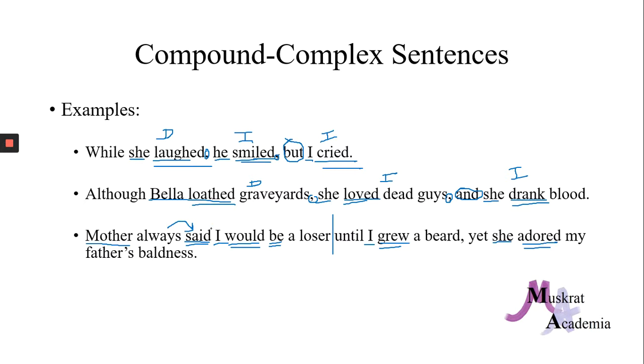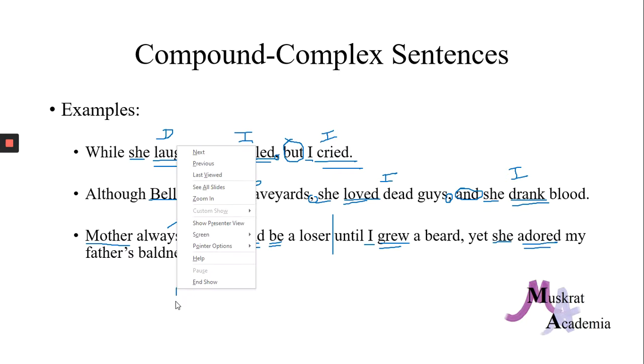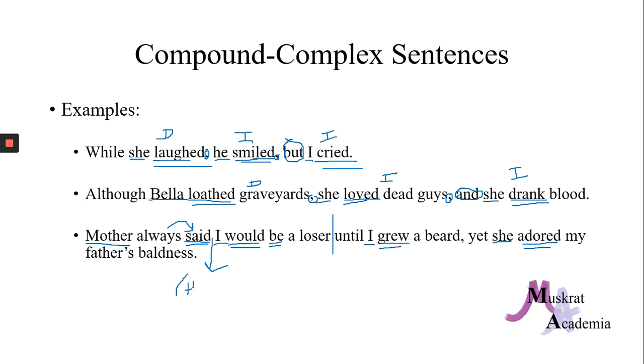Mother always said. Now, this is a bit of a difficult sentence because there's an implied that: Mother always said that I would be a loser. Even though that is not there, it's implied. So, Mother always said is an independent clause. That I would be a loser is a dependent clause.